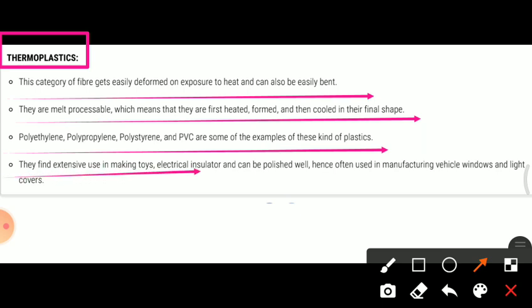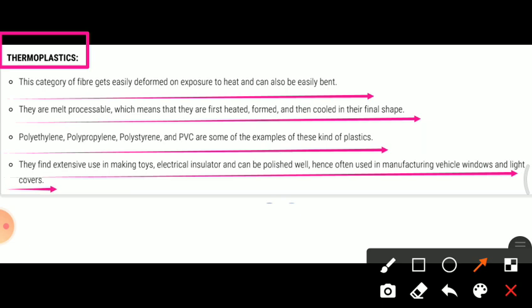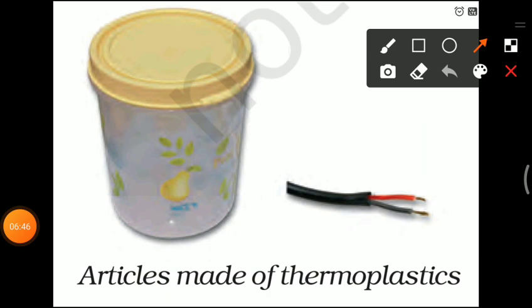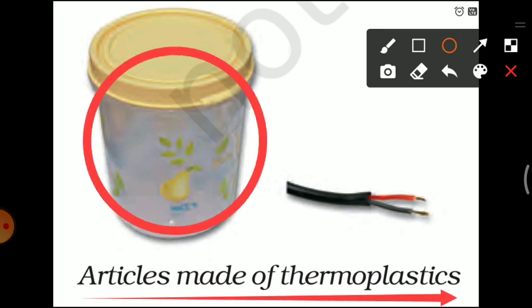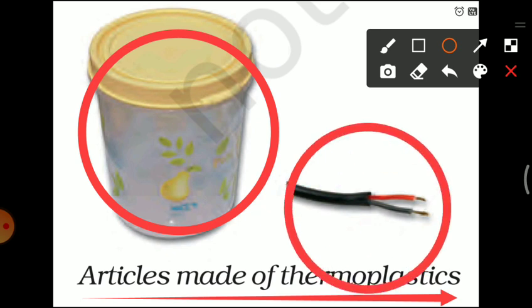They find extensive use in making toys, electrical insulators, and can be polished well, hence often used in manufacturing vehicles, windows, and light covers. In this picture, some articles made of thermoplastics are shown, like containers and electrical wires.